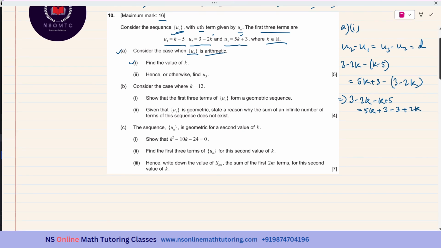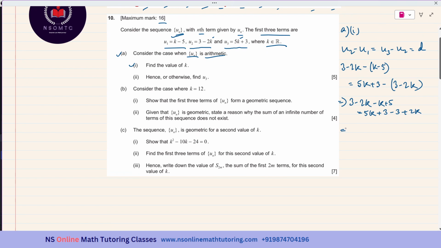So this is equal to 3 minus 3k plus 5. 3 plus 5 is 8. So 8 minus 3k is equal to, and 5k plus 2k is 7k and 3 minus 3 is equal to 0.